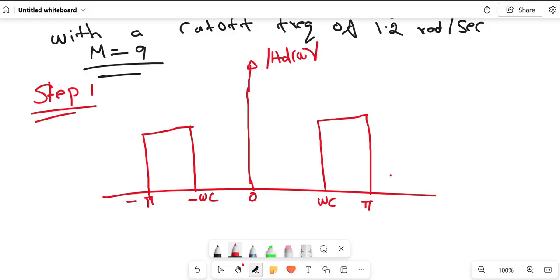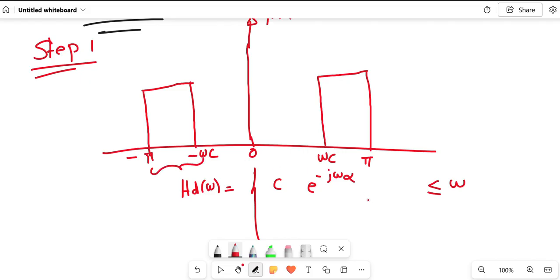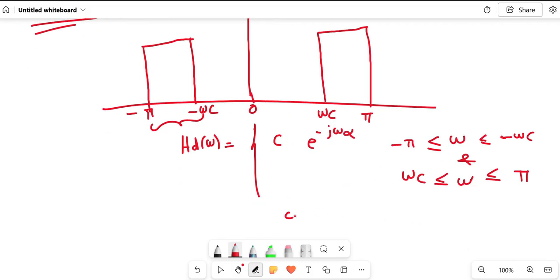How do you write this? Hd of omega is equal to C into e power minus j omega alpha, where omega is greater than or equal to minus pi and less than or equal to minus omega c, and omega is greater than or equal to plus omega c and less than or equal to pi, 0 otherwise.